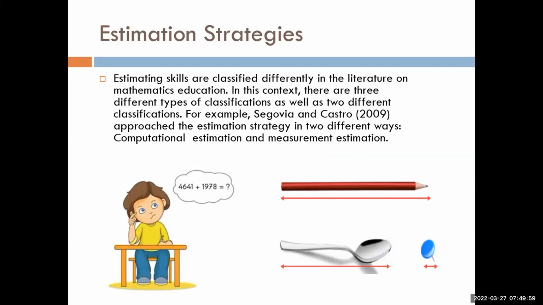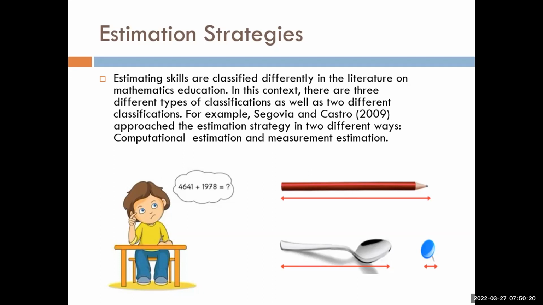Let's start with the estimation strategies. Estimation skills are classified differently in the literature on mathematics education. In this context, there are 2 different types of classifications, as well as 3 different classifications.